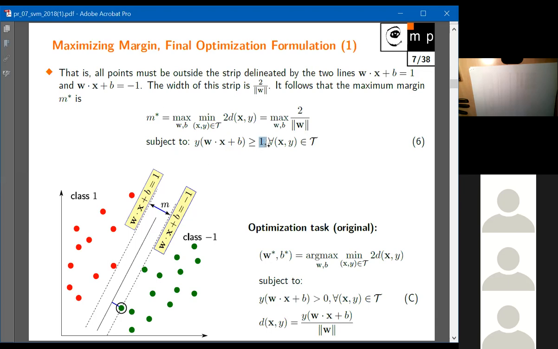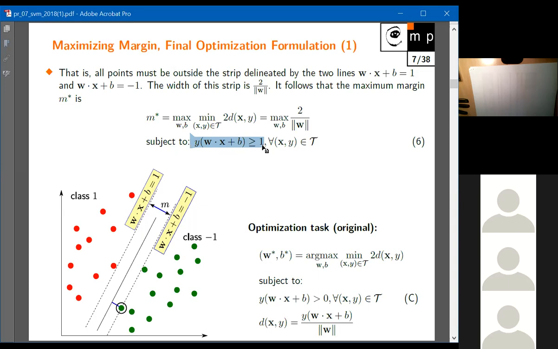We keep the margin, but we try to achieve this constraint with minimal w. Because now that we fix the scale, the margin will be plus minus 1, so the margin will be 2, and we require the constraint greater than 1.